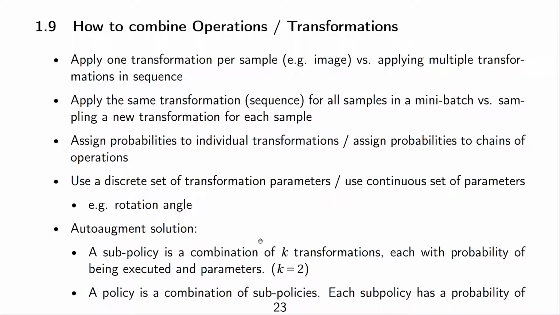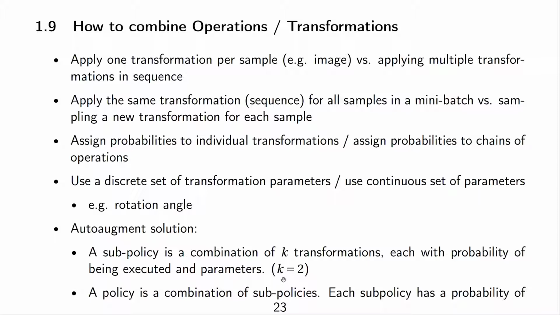We will discuss two frameworks combining elementary transformations, one of them quite complicated, called AutoAugment, and one very simple, called RandAugment. AutoAugment, for example, uses subpolicies that are a combination of k transformations, each with a probability of being executed and parameters.